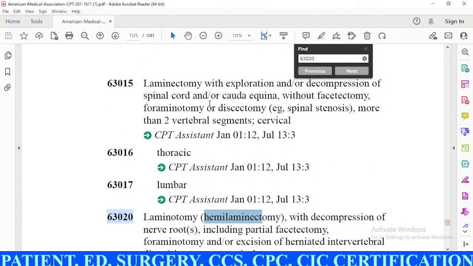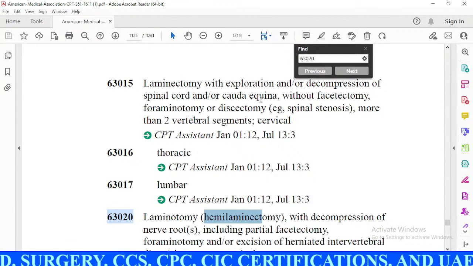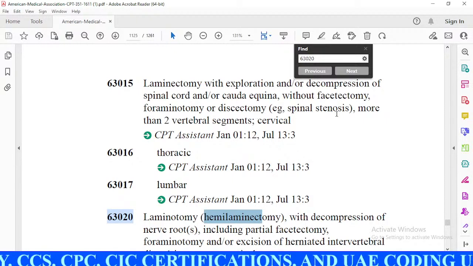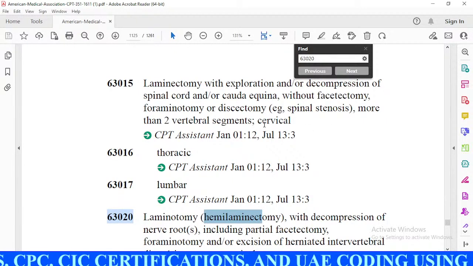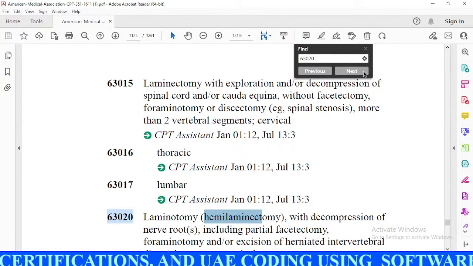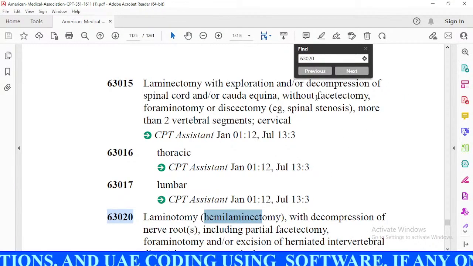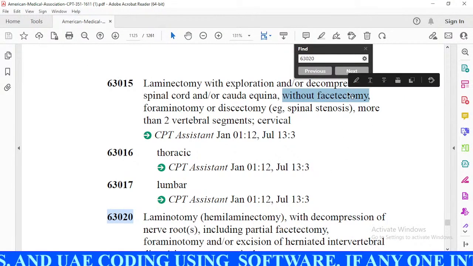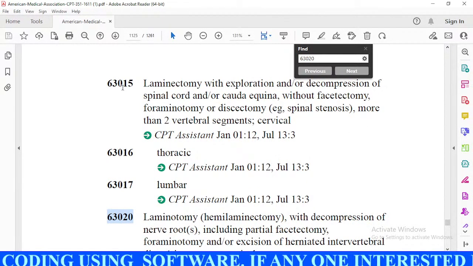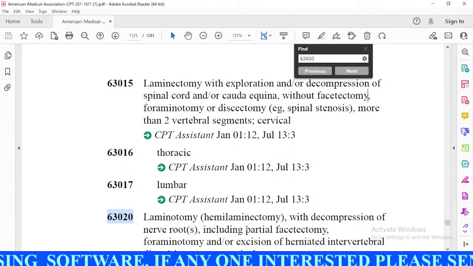What is this? Laminectomy with exploration and or decompression of spinal cord or cauda equina without facetectomy, foraminotomy and discectomy, more than 2 vertebral segments, cervical. Based on our code description, the physician has performed facetectomy, but as per the code description it is without facetectomy. So directly 63015 is also incorrect. So we can eliminate answer C.